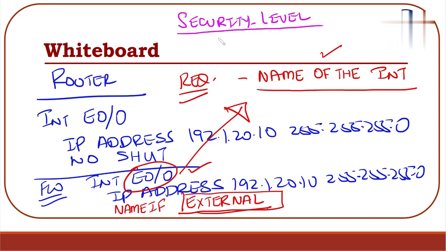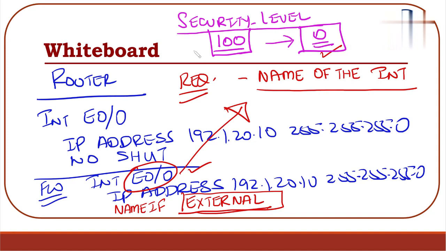The most trusted traffic is traffic coming from an interface with a security level of 100, which is the highest security level. And the lowest security level, the one that I don't trust at all, generally the internet, is an interface with a security level of 0. So you determine the trustworthiness of an interface by specifying this security level. And this security level, which we'll take a look at in detail in the next few slides, is the one that determines the default flow of traffic through the firewall.